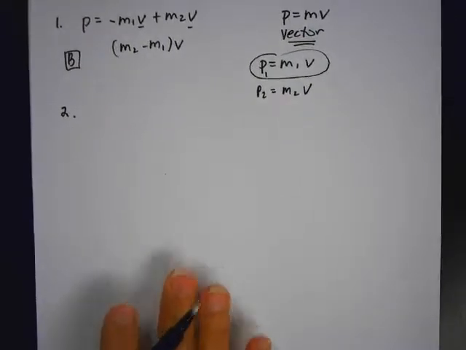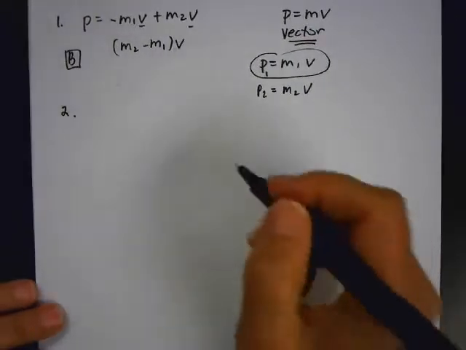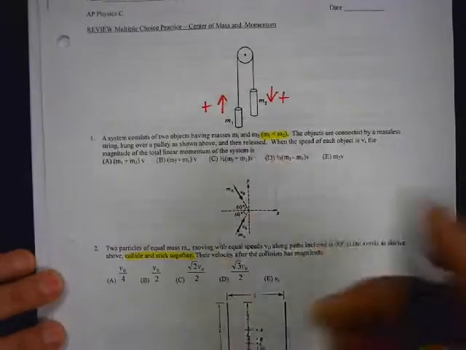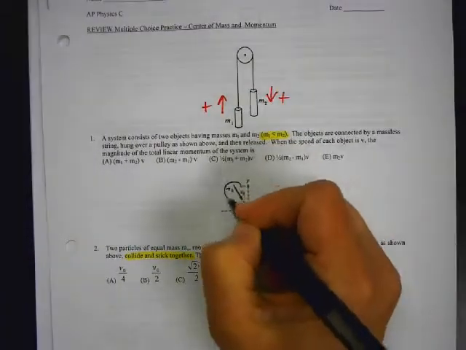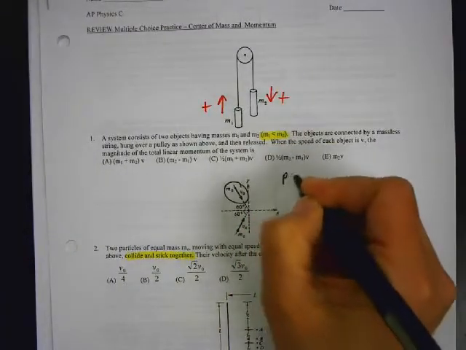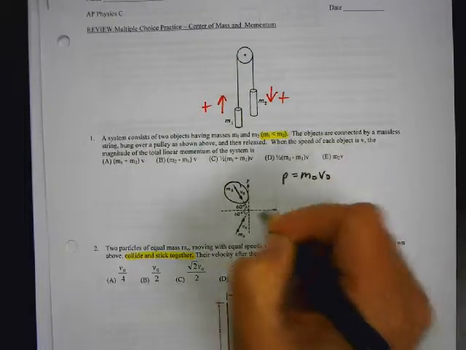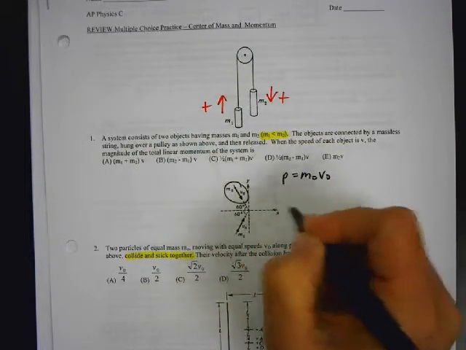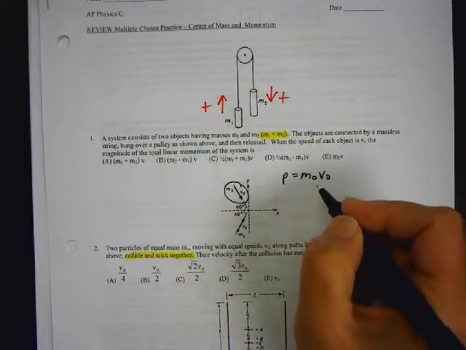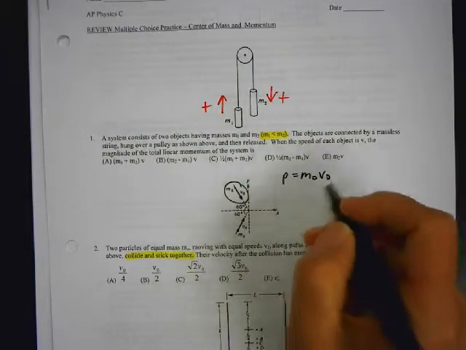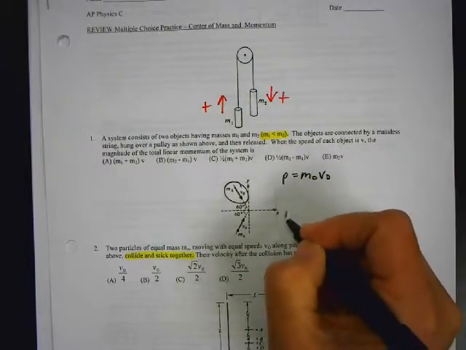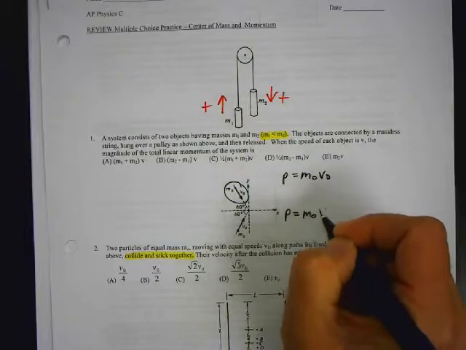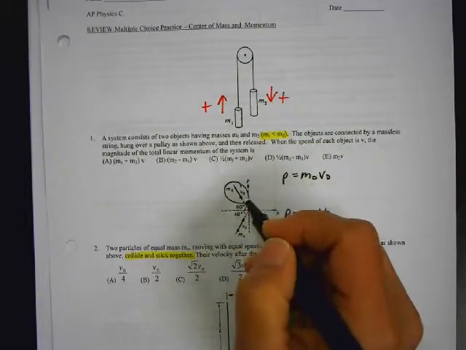Again, so if I look at the picture here, the momentum of this one is going to be P is equal to m naught v, and this one, this momentum, and remember, since momentum is a vector, it has magnitude and direction. And then this one is going to be P is equal to m naught v. The difference is the directions. Okay?